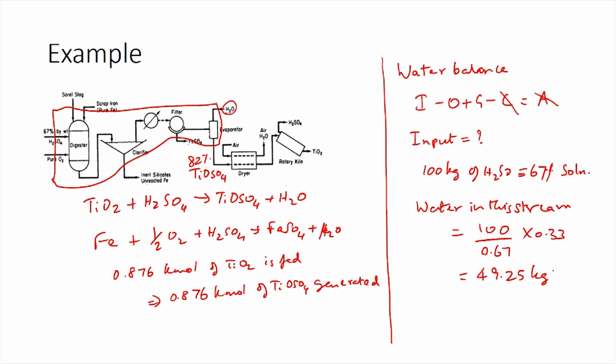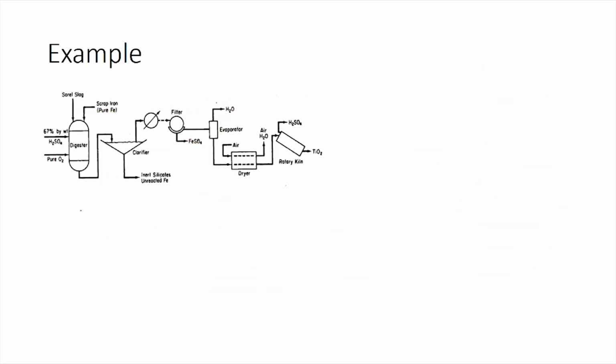Now, we need to calculate the amount of water which is leaving through the TiOSO4 slurry stream. Let us call that output 1. Water output 1 would be equal to the amount of water leaving through the TiOSO4 slurry. Based on the calculations we have performed, we know that 0.876 kilomoles of TiOSO4 was produced.